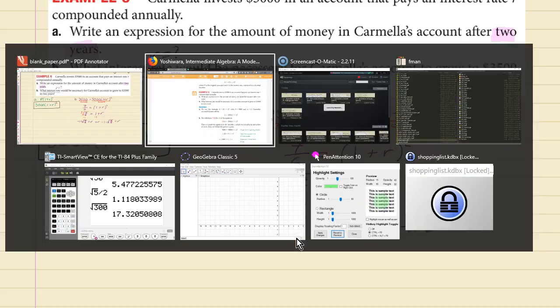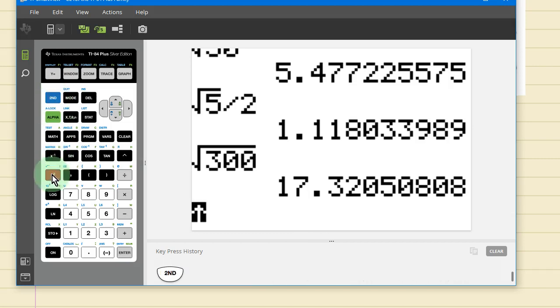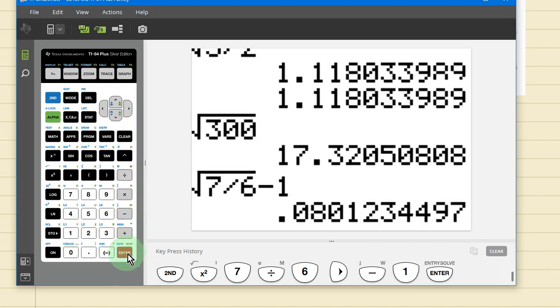So we need to plug those into a calculator to check. So to do the square root here, we're going to get the square root of 7 over 6, and then minus 1.